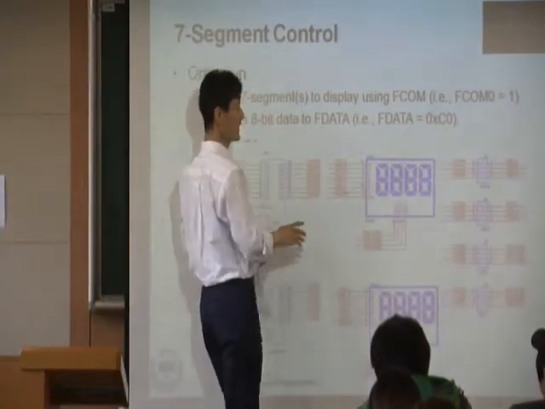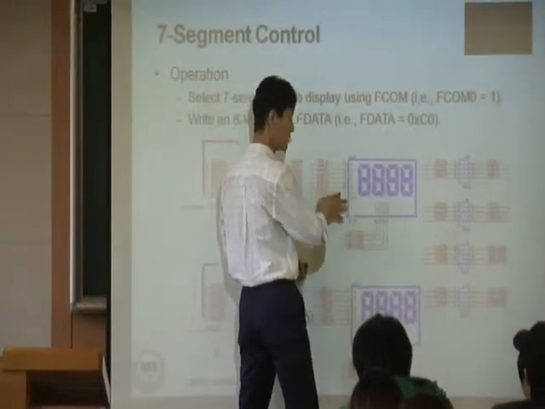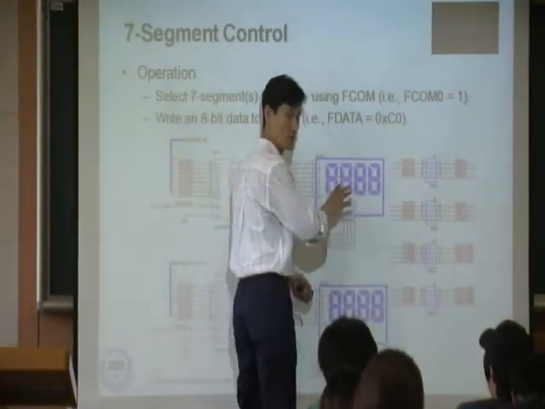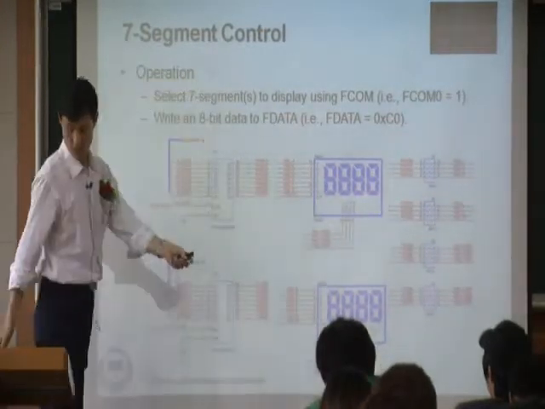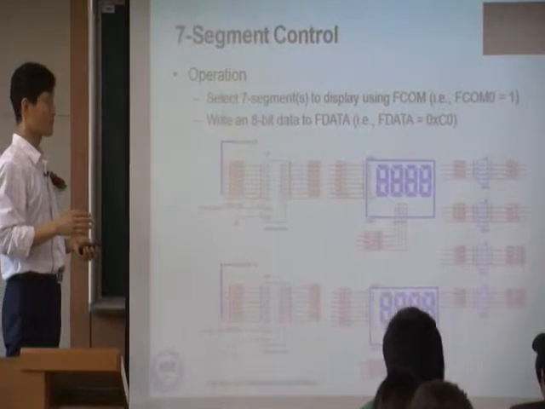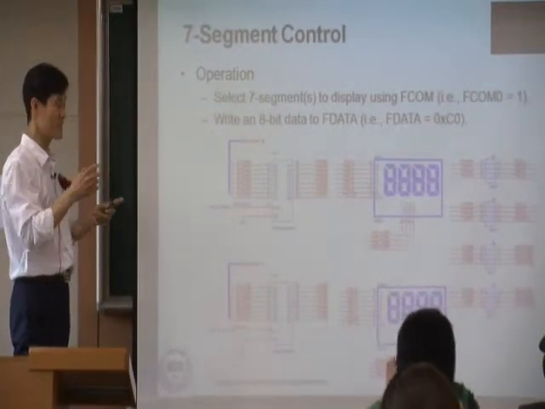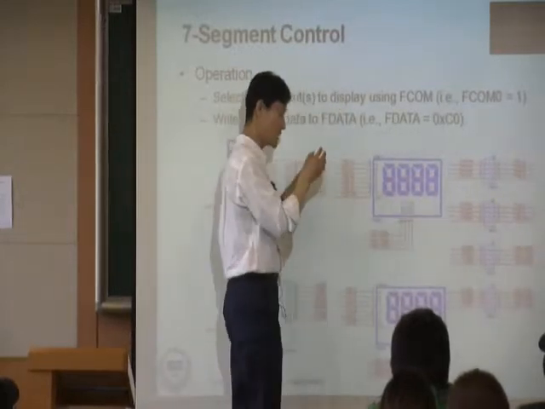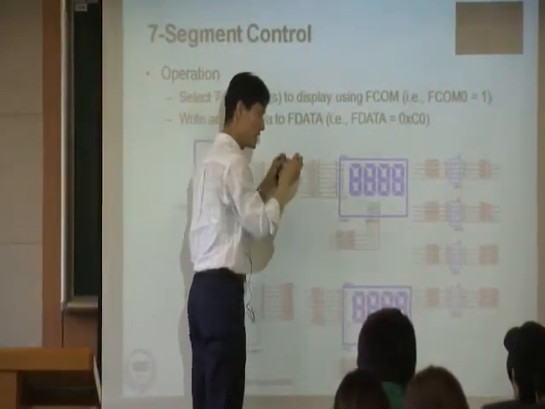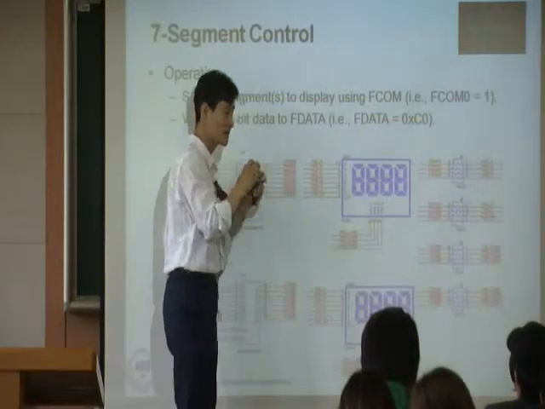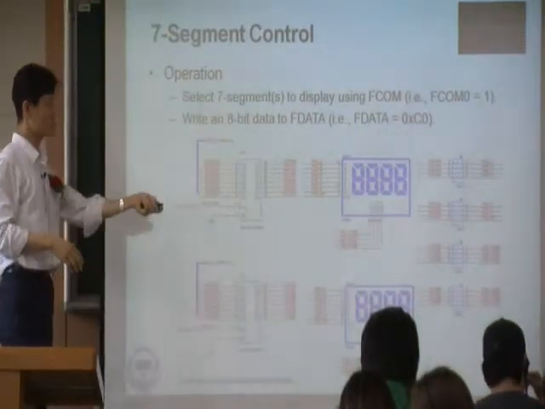You need to select one and write one value, select another one, write another value, things like this, right? That's why maybe some of you can see that when you have multiple 7 segments here, sometimes the values are a little bit flickering. That's why flickering. But anyway, that's how you do it.